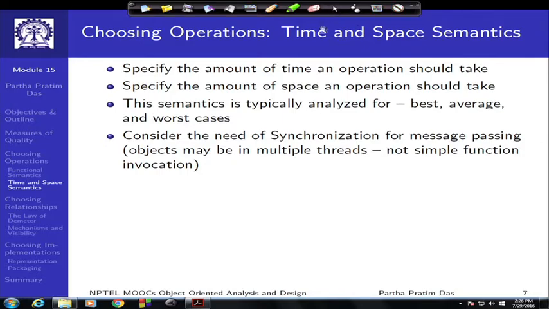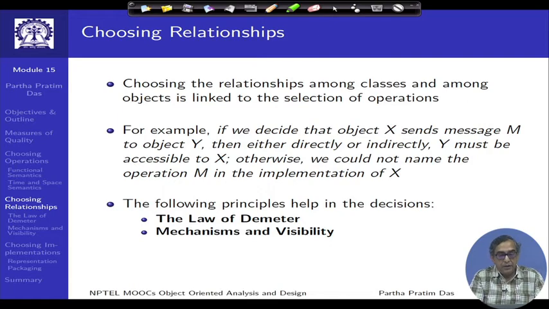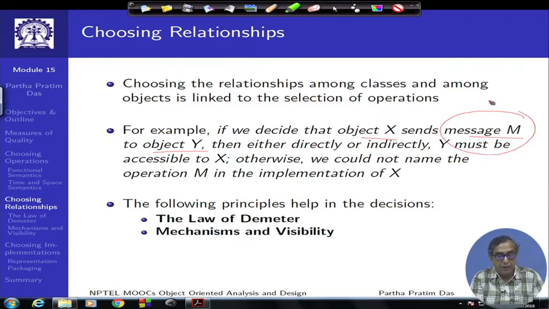Moving on, once you have chosen the operations, the next step is to choose the relationships amongst classes. What it means is, suppose I have object x, and that sends message m to object y. Certainly this message m is what I have decided on, because I have chosen my operation.